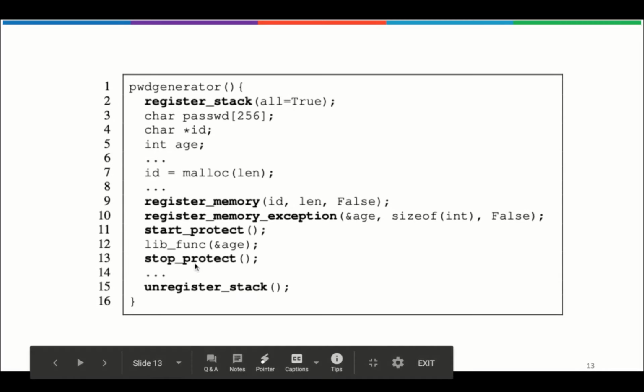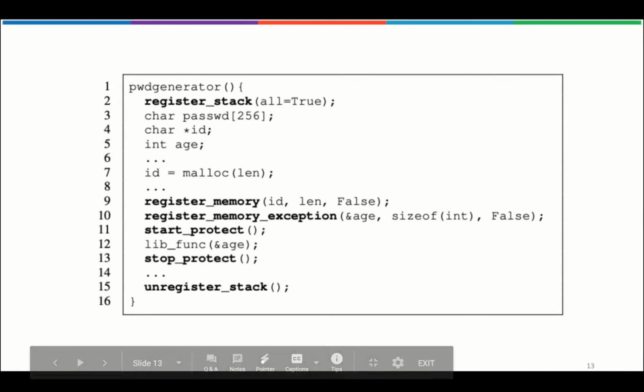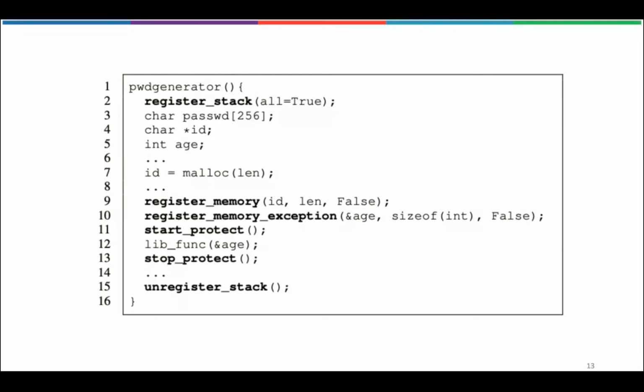Because stop protect will call the kernel API and say, hey, get my sensitive data back to the memory addresses and stack frames as needed. So leaf function now calls stop protect. Why can it not call it? This is exactly where comes the key innovation in this work, and there is actually a patent that has already been granted on this work.